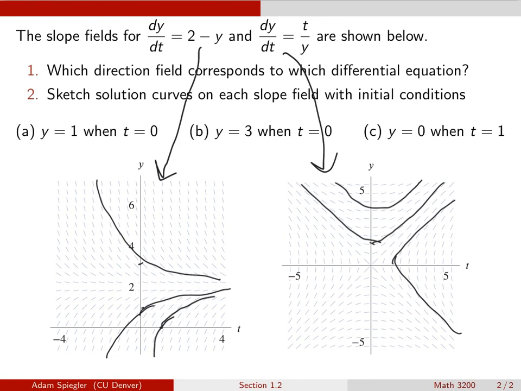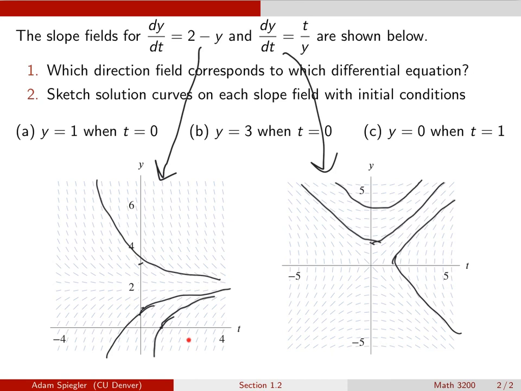And one last thing that I want to comment on is we could have matched these up using some other properties of the differential equations and the properties of the slope field. So for example, for this differential equation, we can see that when y is bigger than 2, dy/dt would be negative. And so we can see that for any y value above 2, all of the line segments here have negative slope.